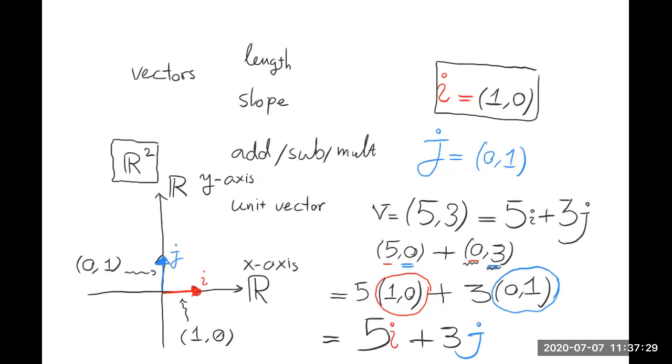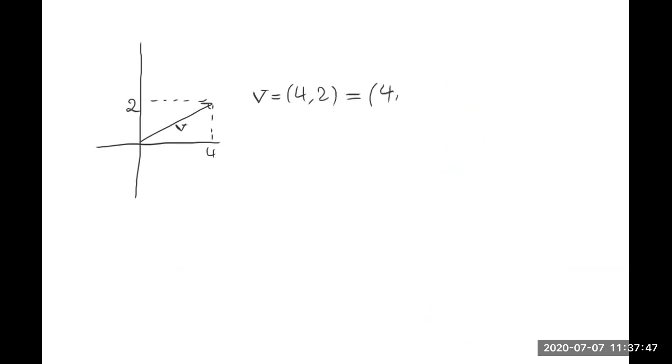Okay? Again, since we are in two-dimensional space, we use two numbers to present any vector. Just as another example, if I have a vector which its coordinates are 4 and 2, I can write 4 and 2 as 4 and 0 plus 0 and 2. Because if I add the first components, I would get 4 plus 0, which is 4.